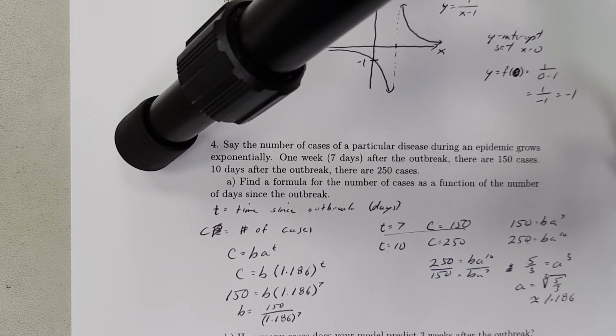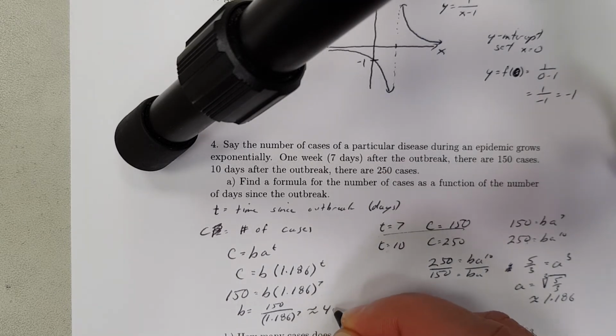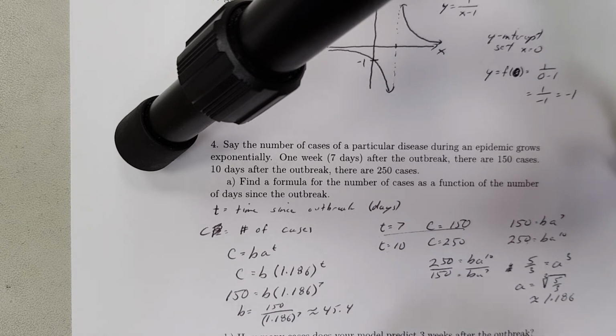So 150 divided by 1.186 to the power 7. And I'm getting about 45.4. And so now I know what b is, I know what a is, I can just go ahead and write my answer down.